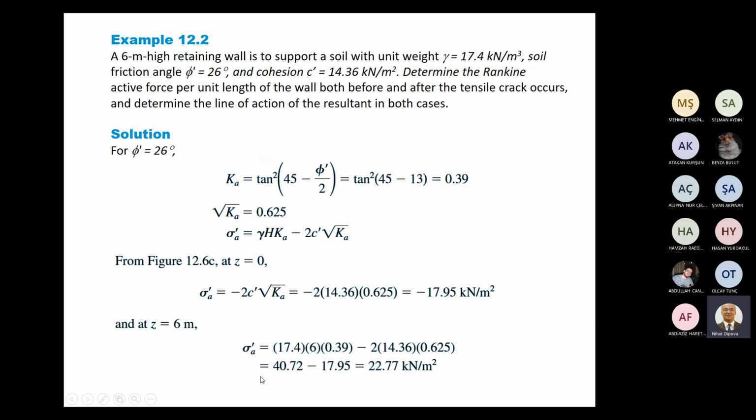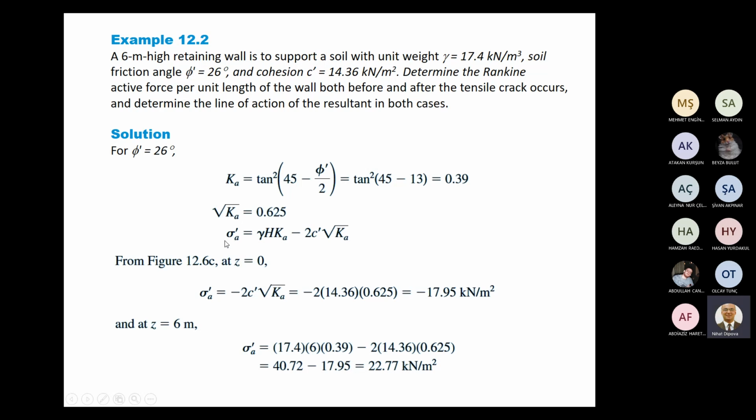Let us start with active earth pressure coefficient. For internal friction angle 26, just putting 26 here, Ka is 0.39.